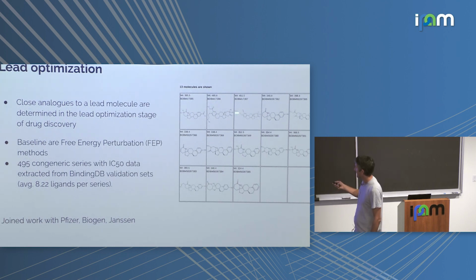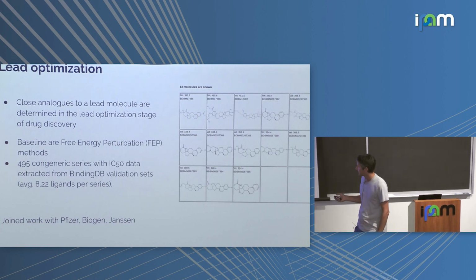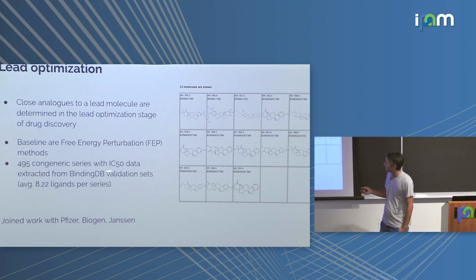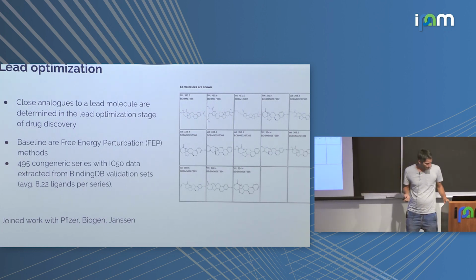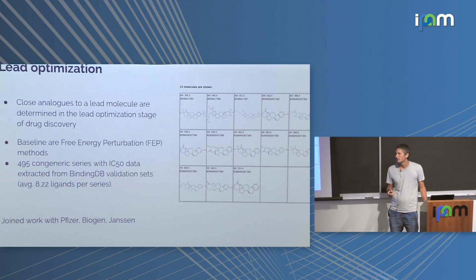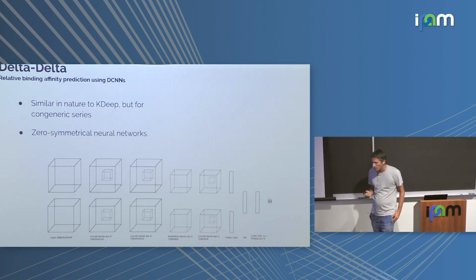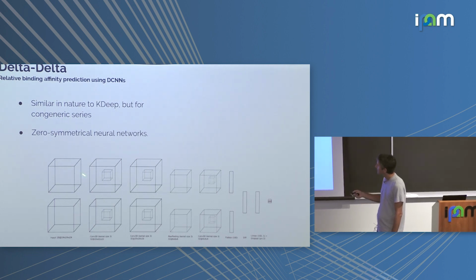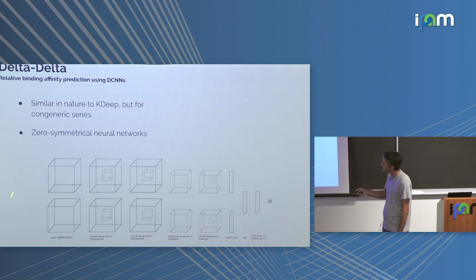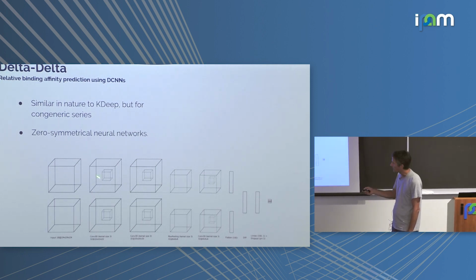These are examples of what you get. In this case, we used BindingDB as a database, and this work was done with KDeep, like I said, this year. We had to do something a little bit different from the network, in the sense that the network was convolutional, but you had to pass one ligand, the other ligand, and the protein, and then you want a number.